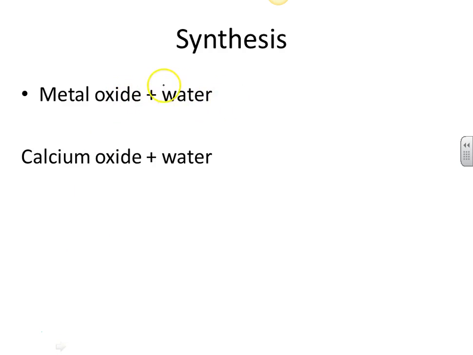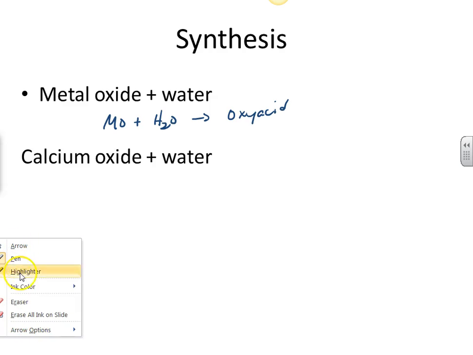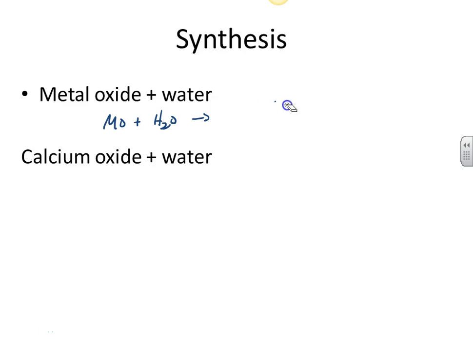Metal oxide plus water is the opposite of decomposition of an oxyacid. Oh, this is a metal oxide, excuse me. It's not going to produce an oxyacid. It's going to produce a metal hydroxide, which is actually a base.